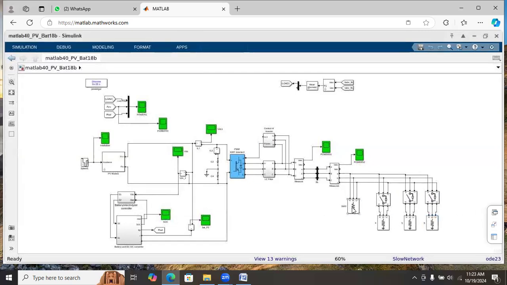So initially 500 VA is connected. After that, it is added with 1.5 kVA. And after that, further it is added with 2.5 kVA, and after 2.5 seconds, a 3 kVA load is added, and after 3.5 seconds this 2.5 kVA load is disconnected, so that the load demand will be decreased. We have to check how the battery will provide the energy.